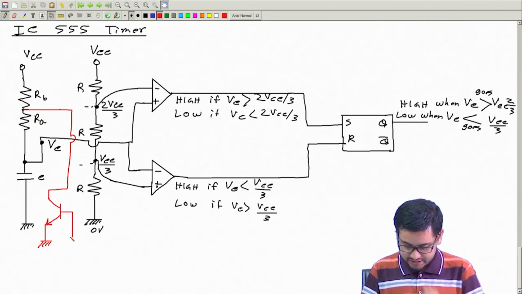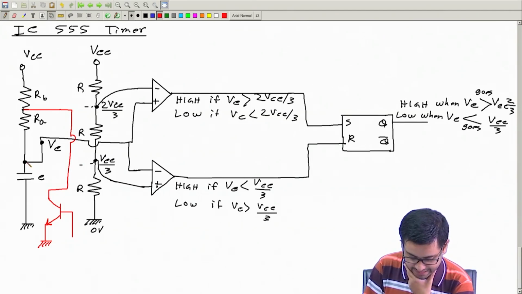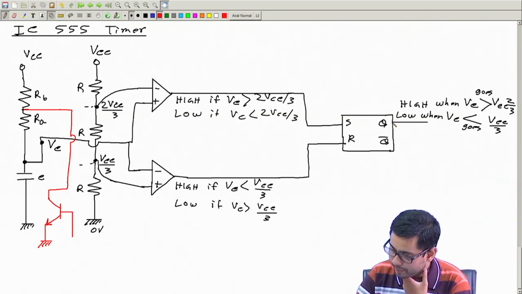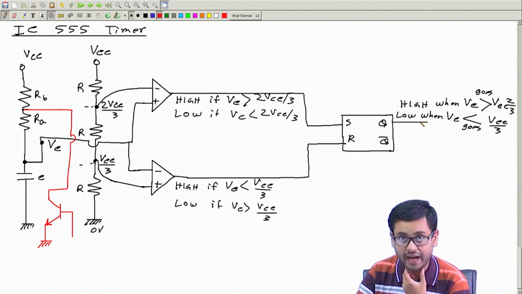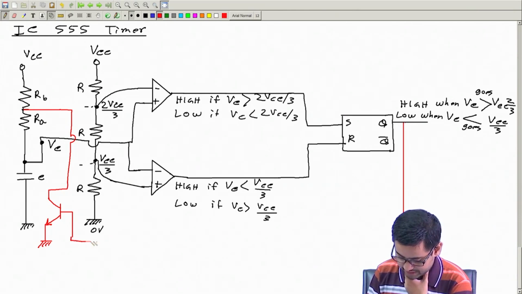Now what I will do is this. I observe that when this is off, this voltage increases, which will make this output high after a while. So I will connect it to this.